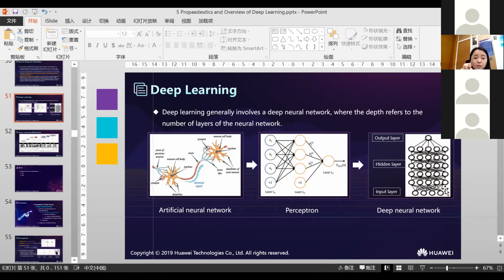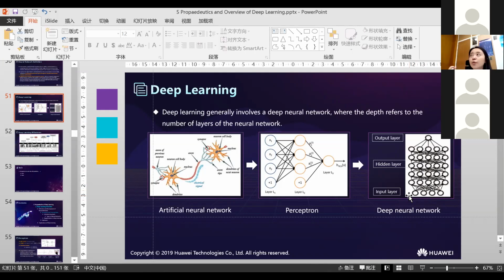So the goal of training the model is to find the proper values of these weights and the bias to make the model work. If we can find the proper values, for example, here we input a sample.